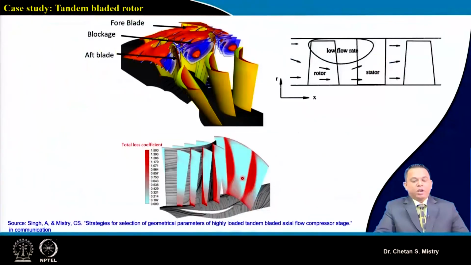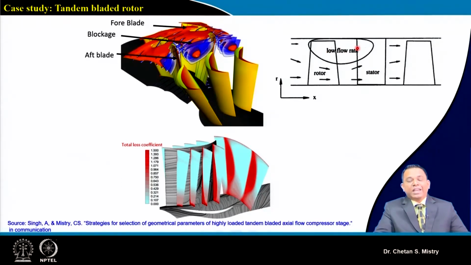Okay. Now we have understood that, suppose we consider this is my rotor and stator combination. Because of the growth of boundary layer along the casing and tip leakage flow, in this particular region I will be having low momentum fluid or low mass flow rate, and that will act like a pocket or a zero velocity kind of region.